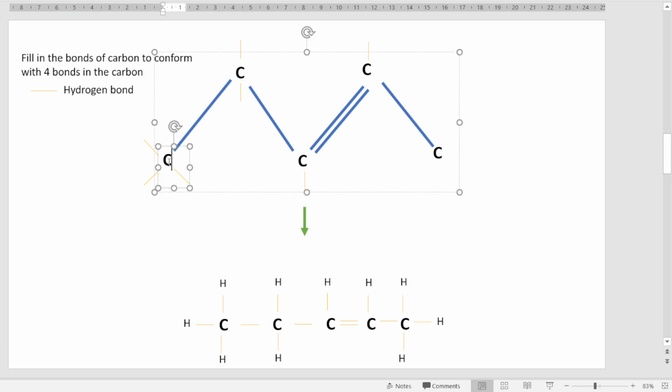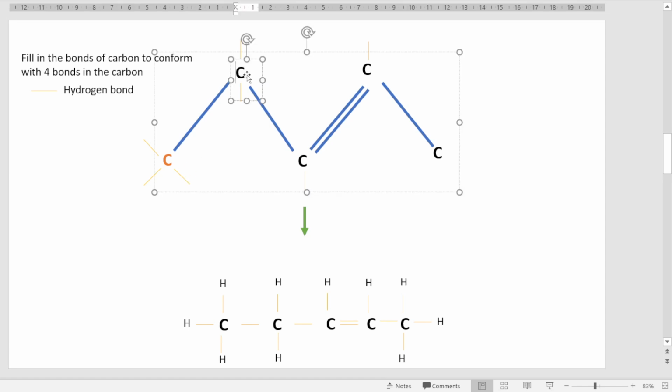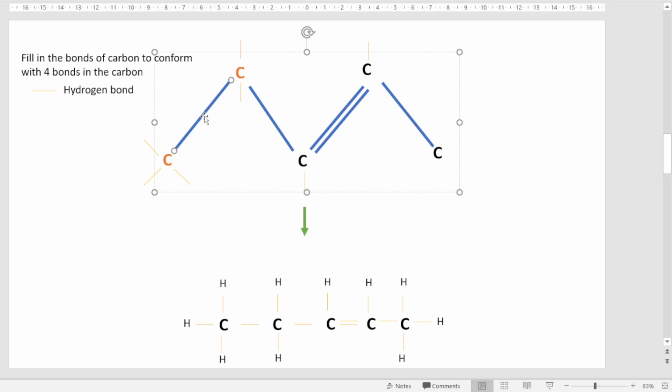As for this first carbon, we have here one carbon-carbon bond and 3 hydrogen bonds to conform with 4 total bonds. For this another carbon, we have here 2 carbon-carbon bonds and 2 hydrogen bonds to conform with a total of 4 bonds attached to the carbon.